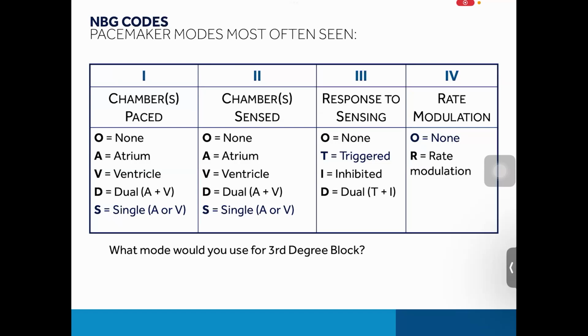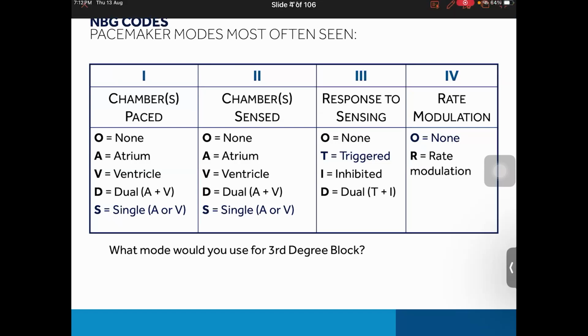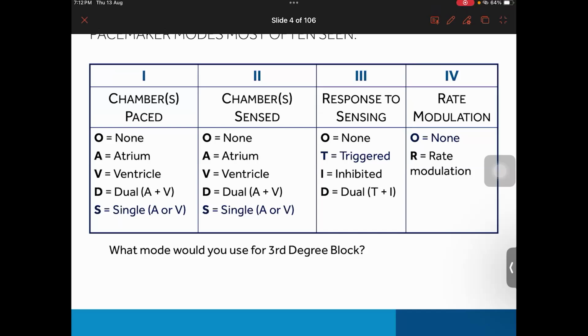So if I tell you I have a pacemaker in a mode ODO, what does ODO mean? Can anyone answer me? Even if a wrong answer, no problem. D dual pacing, sensing both atria and ventricle? No, in ODO the pacing is O, sensing both atria and ventricle.